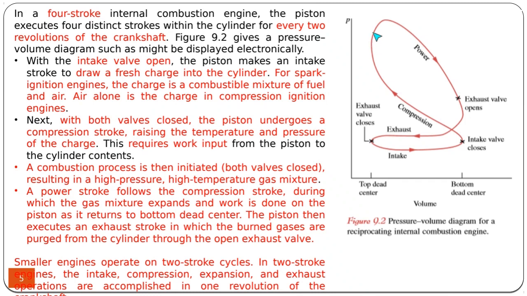And when it comes to the top dead center, or close to top dead center, then we have the ignition. Ignition is obtained by a spark plug in spark ignition engines, and by compression in compression ignition engines.